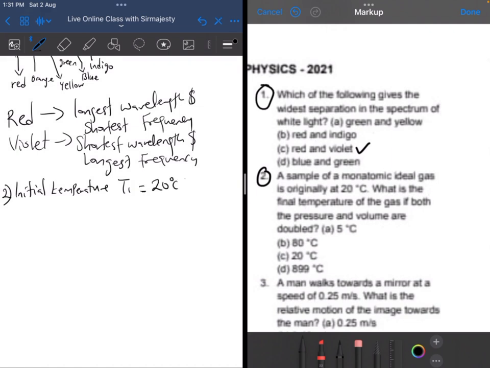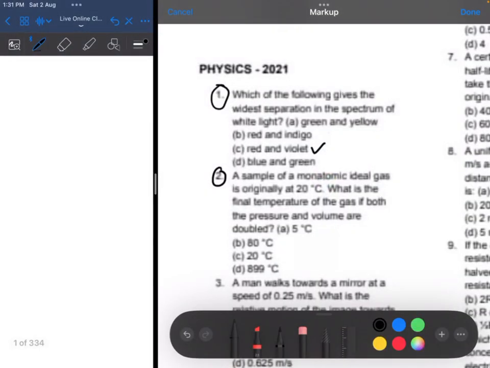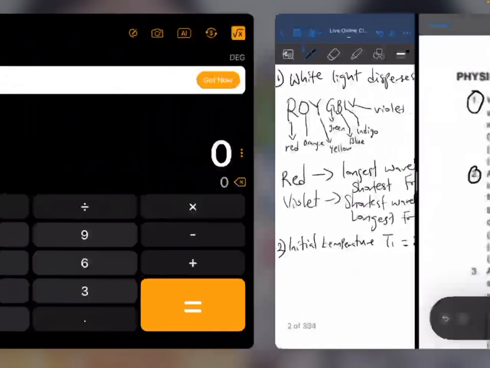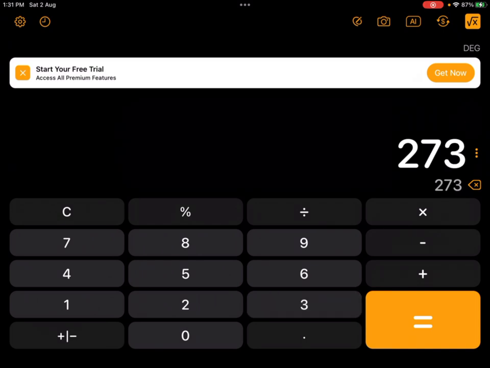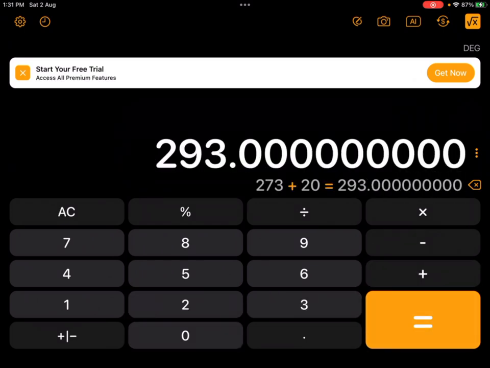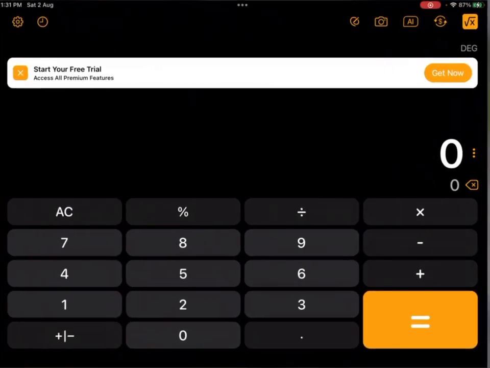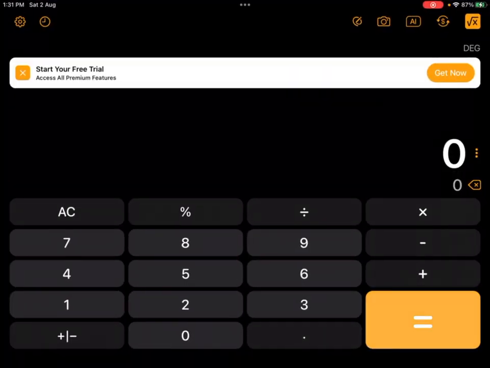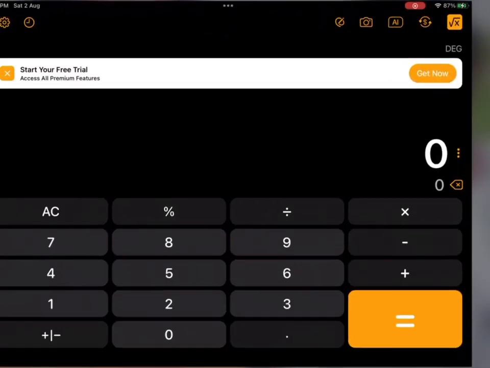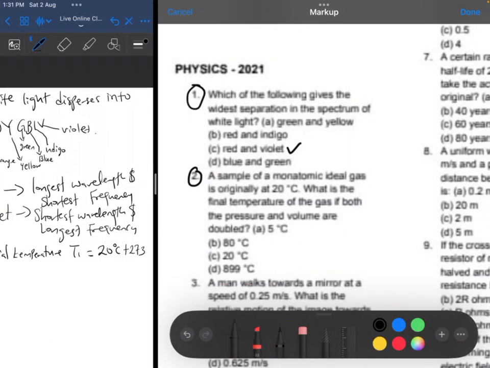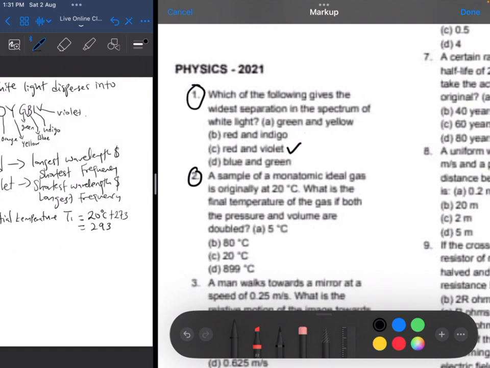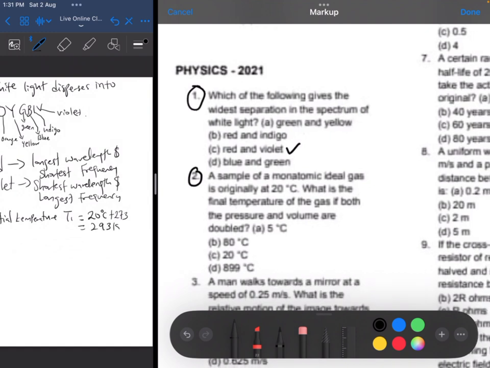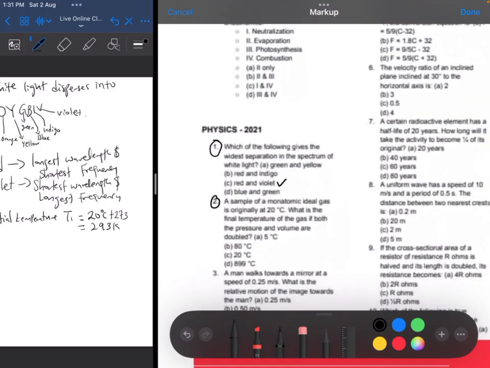Remember, anything concerning gas laws, you take your degrees Celsius down to Kelvin by adding 273. 273 plus 20 will surely give us 293 Kelvin. I'm sorry for the delay.